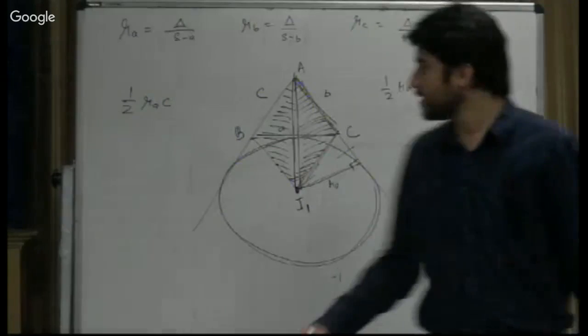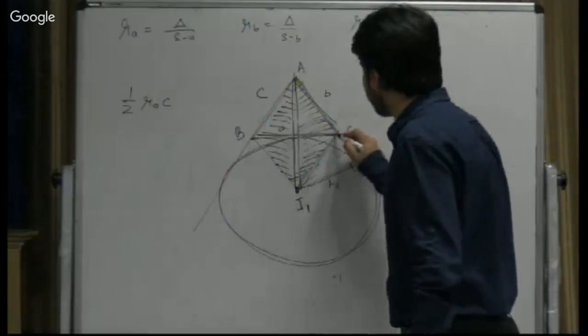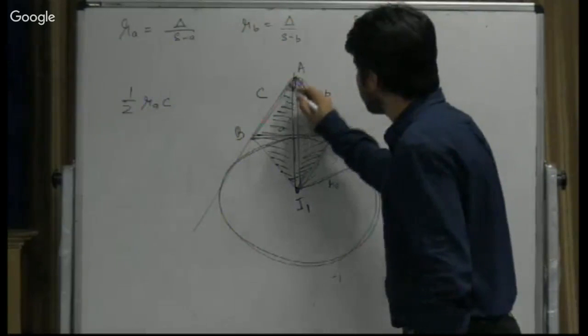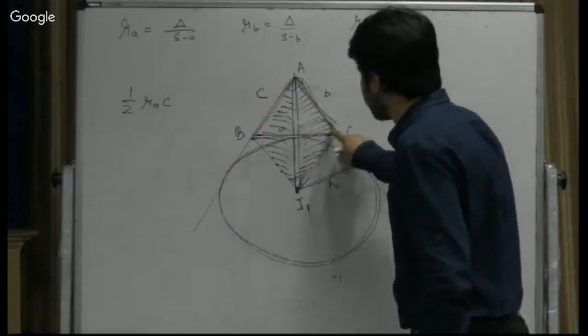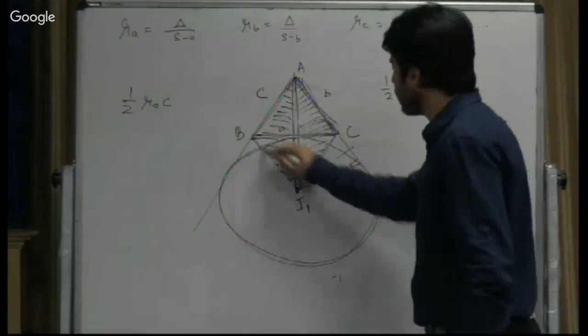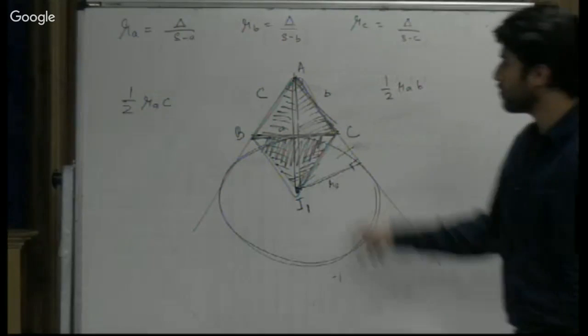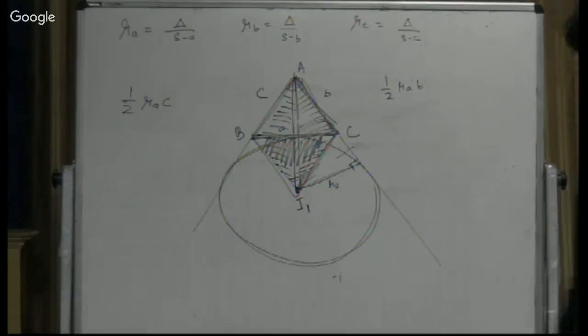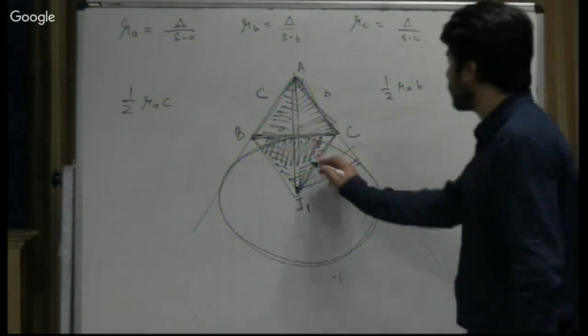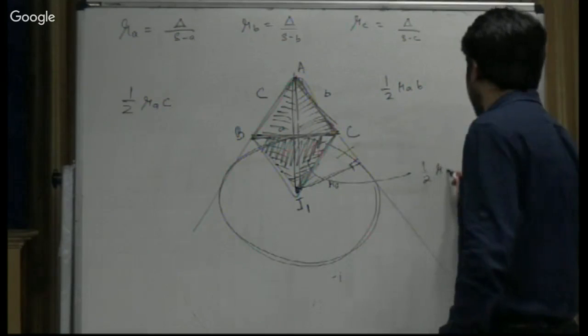Okay, now can I say the area of triangle would be equal to the area of this plus this minus this? And what would be the area of this one? Half RA times A. So this area is half RA A.